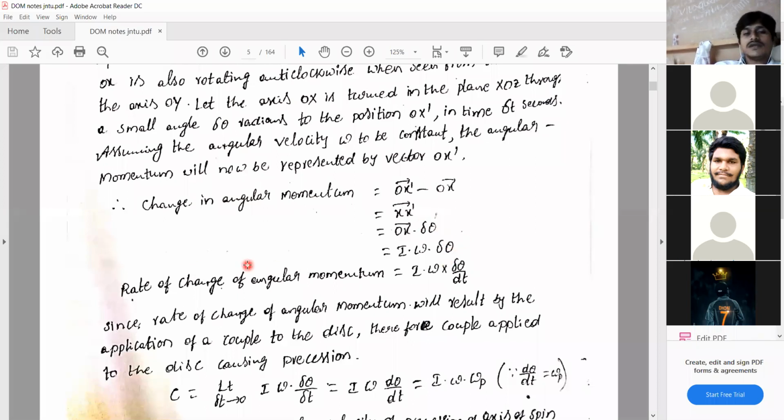And now, gyroscopic couple means rate of change of angular momentum. So next we take the rate of change of angular momentum equals I omega into del theta by delta t. We just add the del t, the time, to get the rate of change of angular momentum.